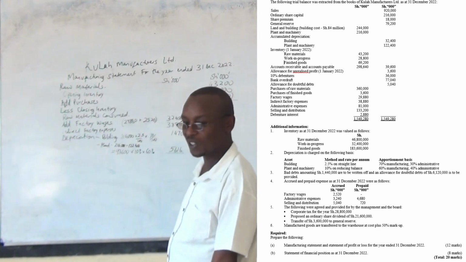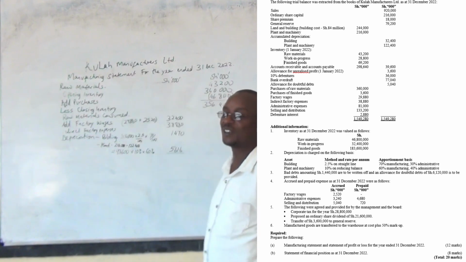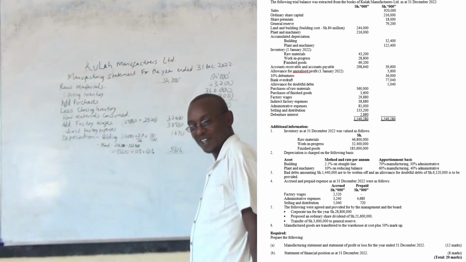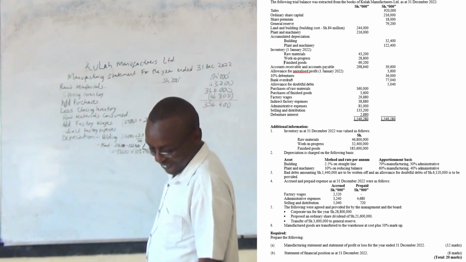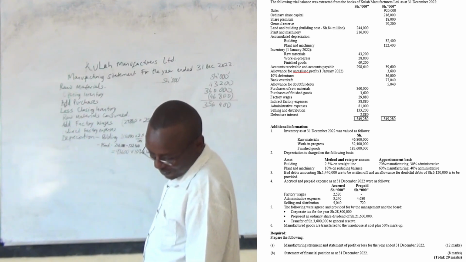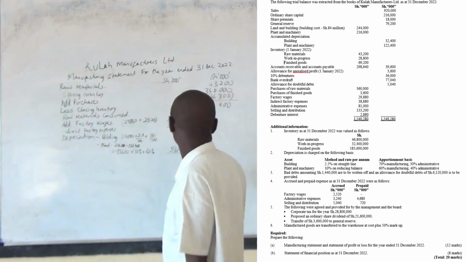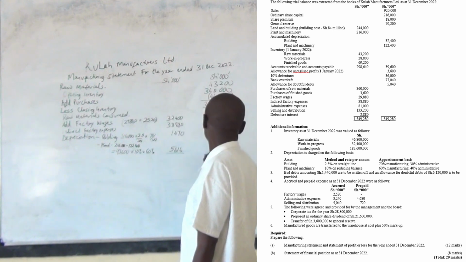Next time you come with a calculator. You don't go to an FA class without a calculator. It has been recorded. 70? Are you sure? 78, 36, 61, you get what?